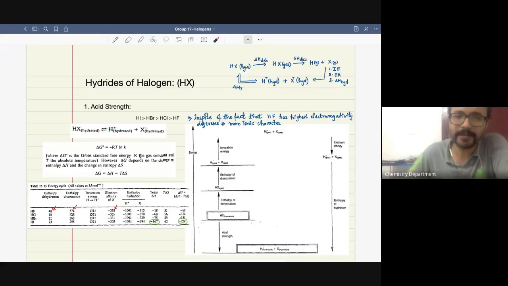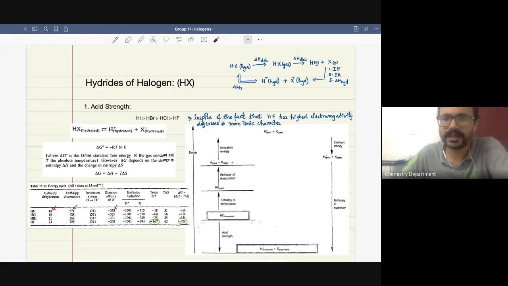The enthalpy change for this is represented by delta H. The value of this delta H gives us an indication about the acid strength. A higher negative value of delta H tells us why we have a higher acidity for HI in comparison to HF.